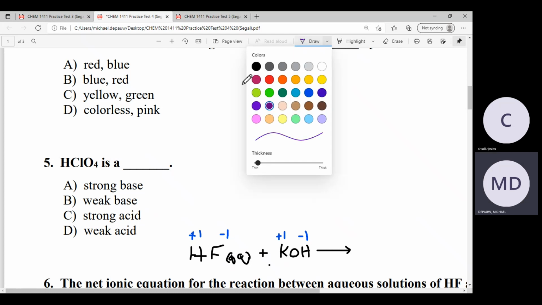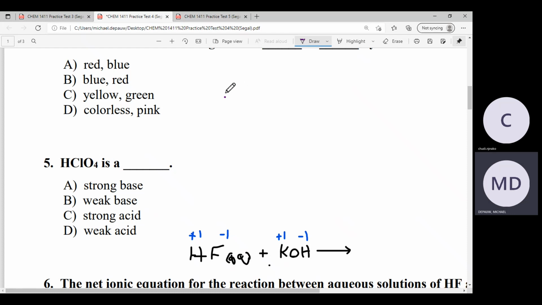And they would be, for example, NH4 plus, which is ammonium.